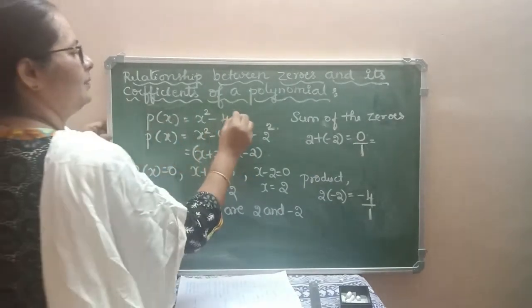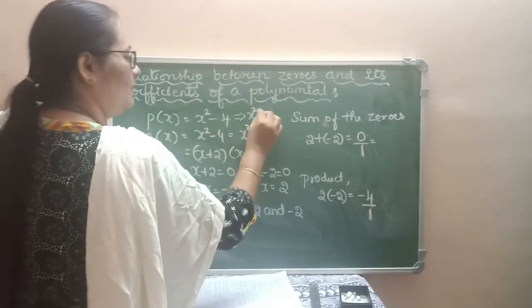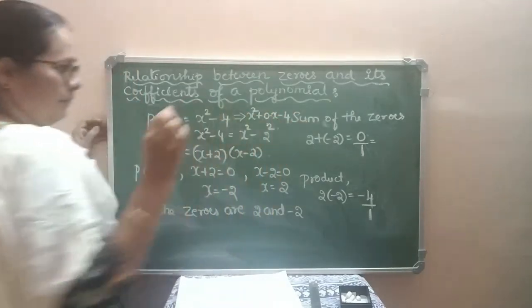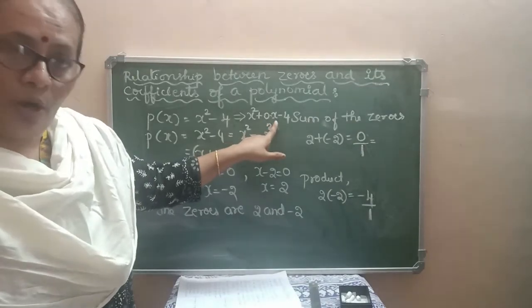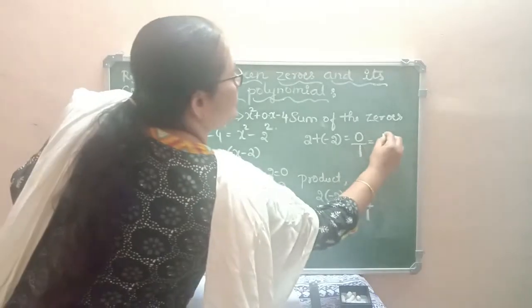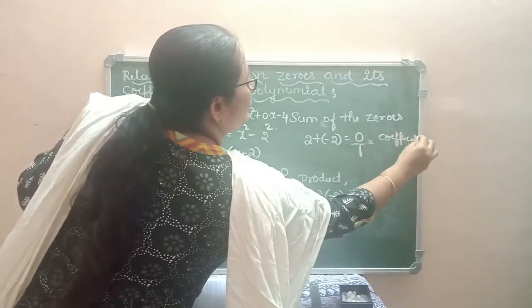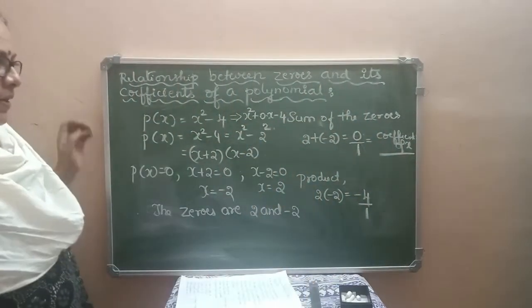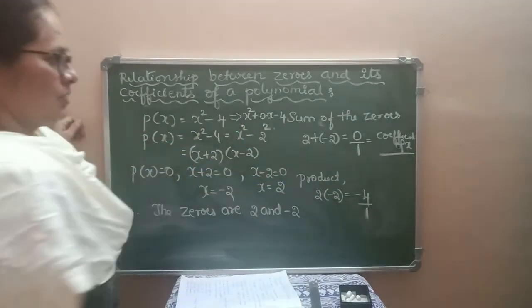So this polynomial you can write as x square plus 0 into x minus 4. 0 is the coefficient of x, divided by, then what is 1 here?